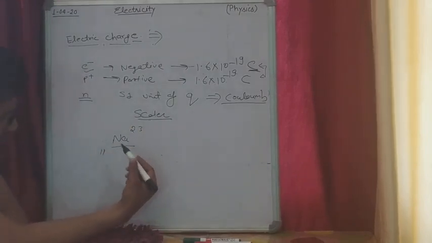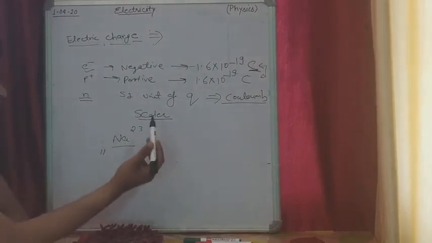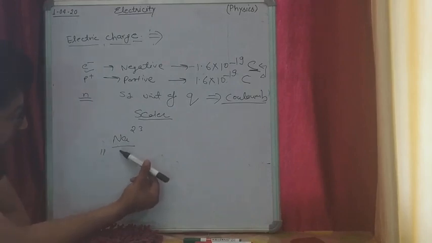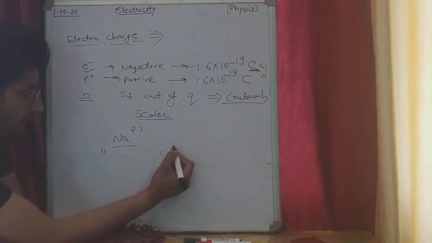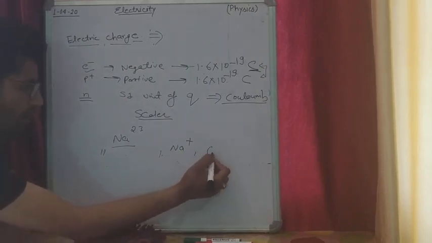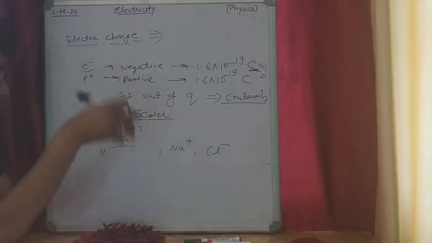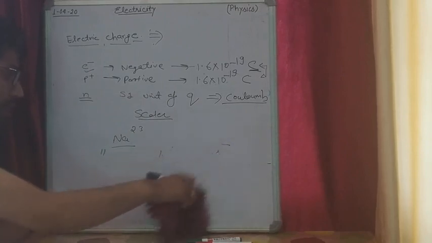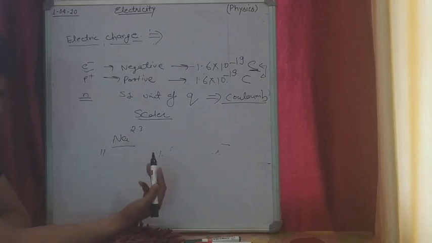Now if I ask you whether this is neutral, positively charged or negatively charged, then 100% your answer will be that this is neutral. If I write Na plus, then you will say, sir, it has positive charge. Similarly Cl minus, you will say it has negative charge. But I am saying only about sodium here. It has no charge.